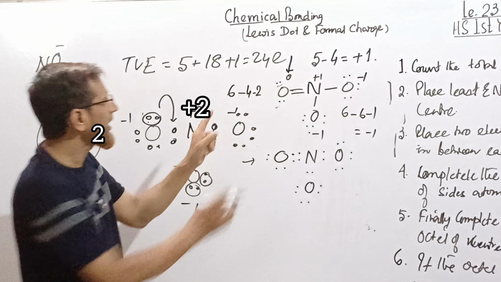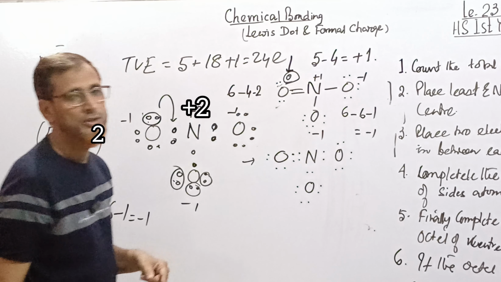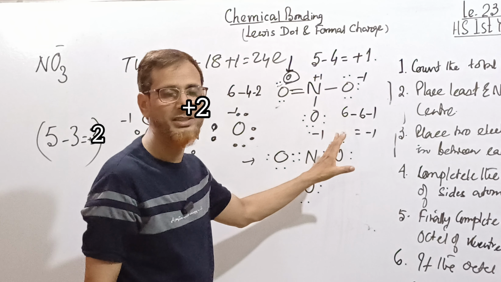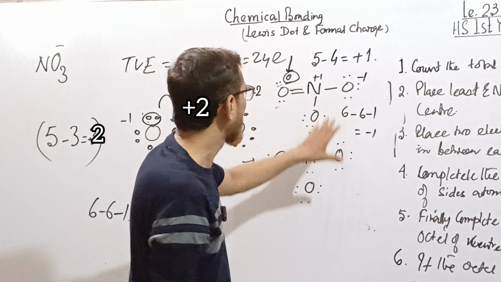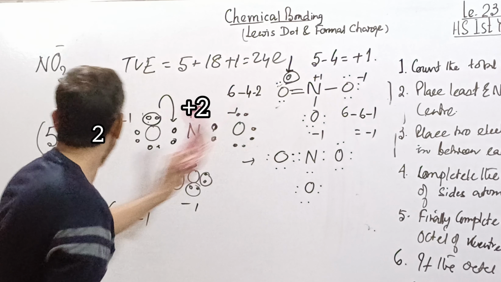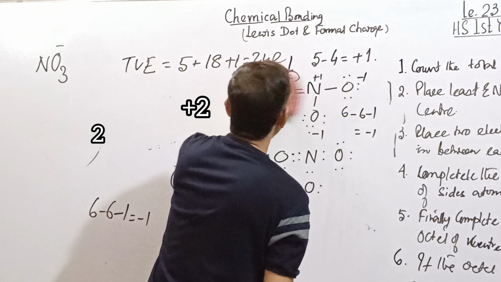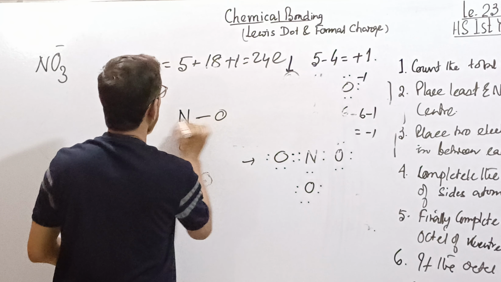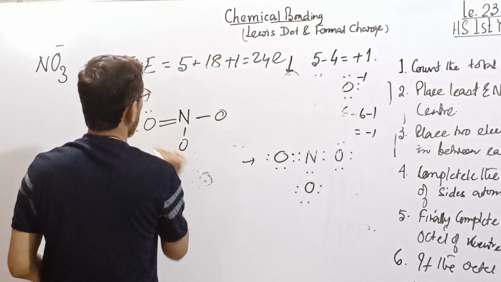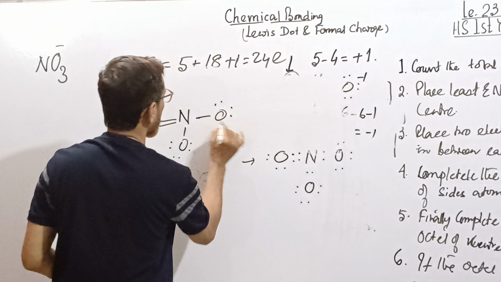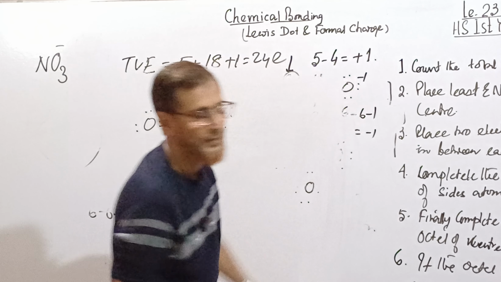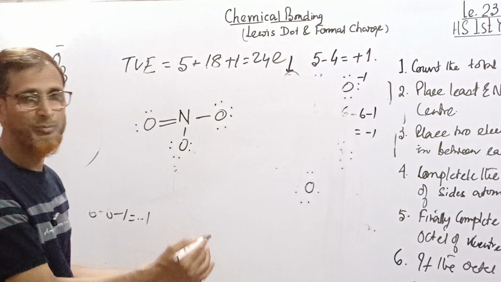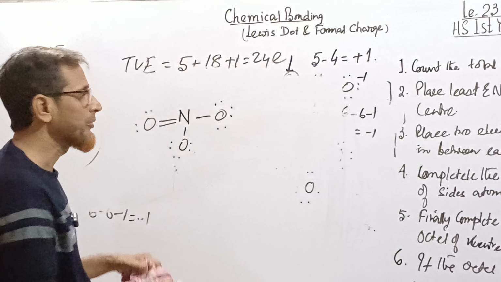But here the formal charge appears as 0. That is, the structure with more and more 0 formal charges is most reliable. Hence, this structure is the original Lewis structure of NO3 minus. Am I right? So here we have seen that we arranged some electrons from the outermost atom in between toward the center.